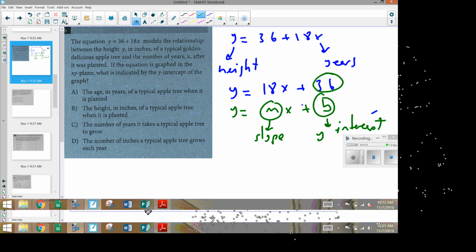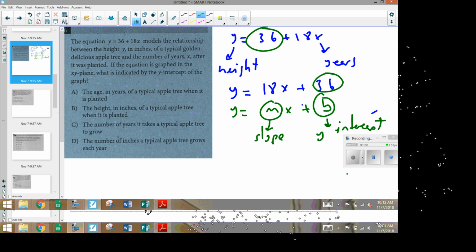So the initial height of the tree. After a year, 36 plus 18. After 2 years, 36 plus 36, for example. But currently, you just got the tree. You're about to plant it. So 36 is the current height. What is the answer going to be?